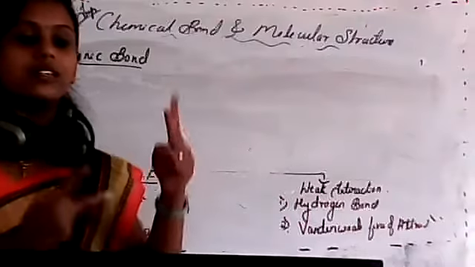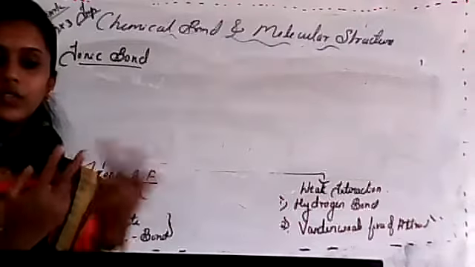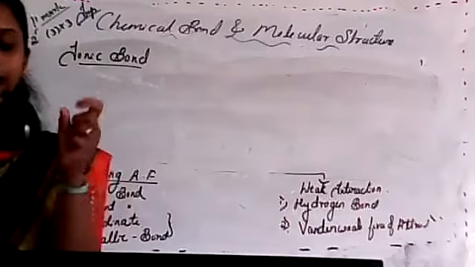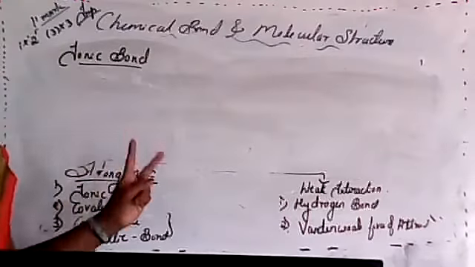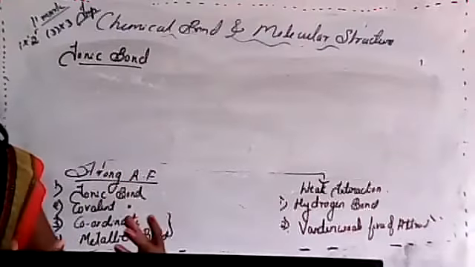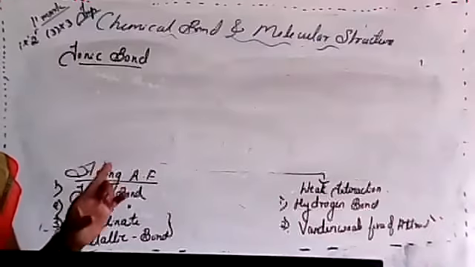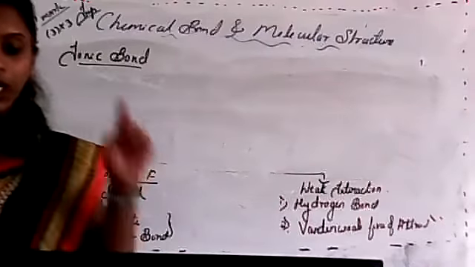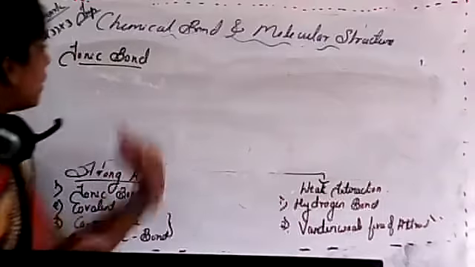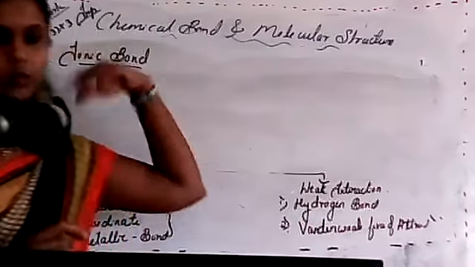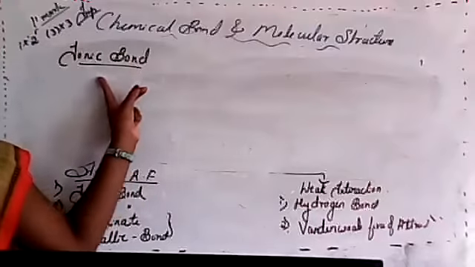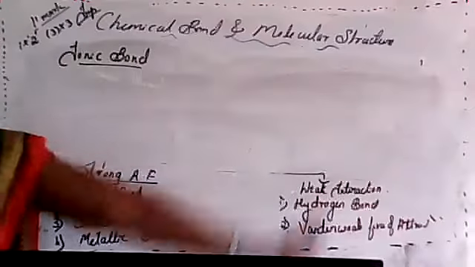In case of calcium, there is a transfer of two electrons, isn't it? So it is the force of attraction between two or more atoms formed due to complete transfer of one or more electrons from one atom to another atom, called an ionic bond or electrovalent bond.